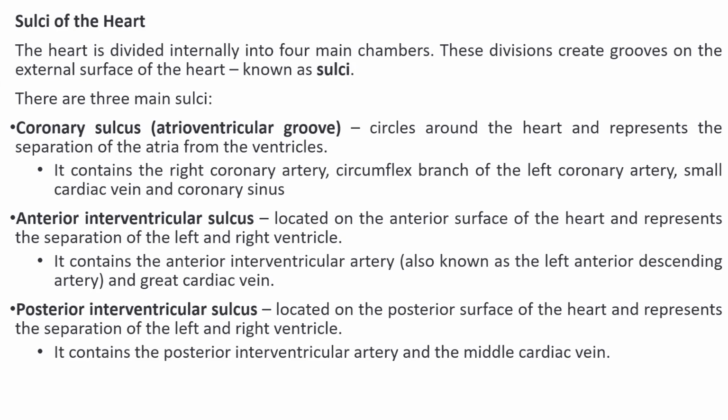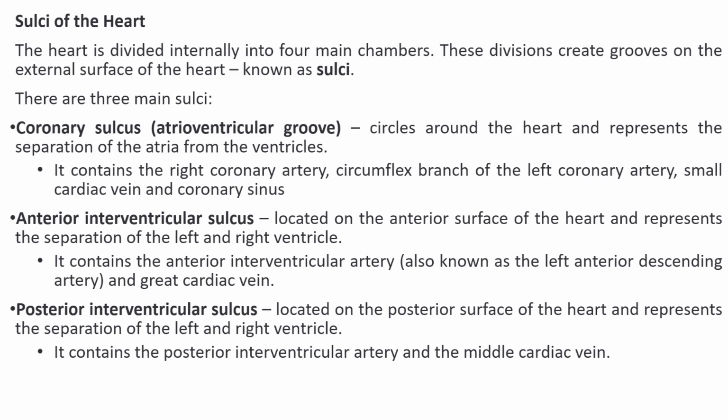It circles around the heart and represents the separation of the atria from the ventricles. It contains the right coronary artery, the circumflex branch of the left coronary artery, and small cardiac veins and the coronary sinus.